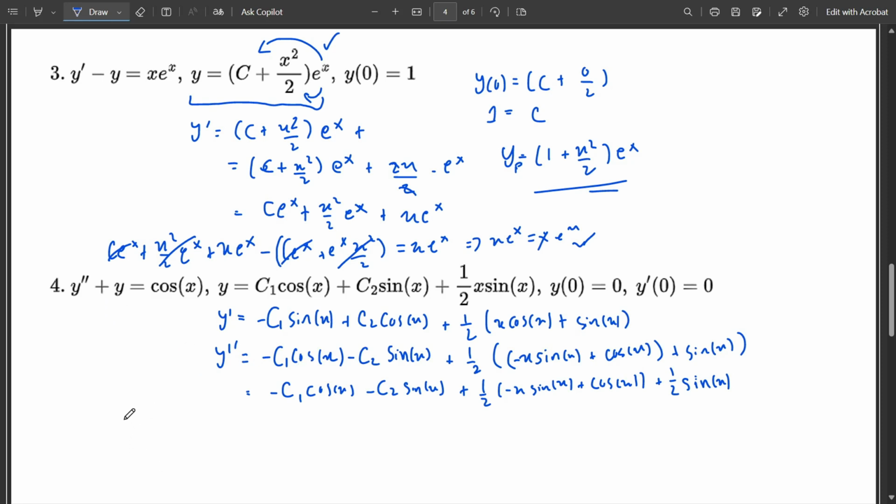We have the differential equation. We have negative c1 cosine. Wait, let us substitute cosine as tau and sine as alpha.